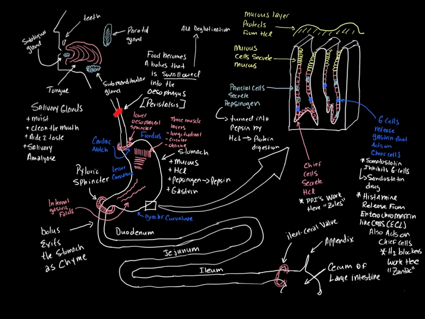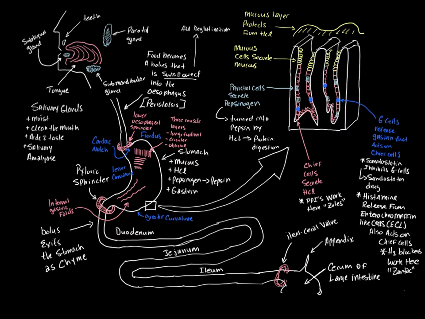So that bolus of food makes its way into the stomach, and what's going on in the stomach? So yeah, we have further digestion. So if you look at the stomach, first of all, the stomach is covered in mucus. The inner lining of the stomach is covered in a thick mucus layer. And why do you suppose that is? Because of pH.